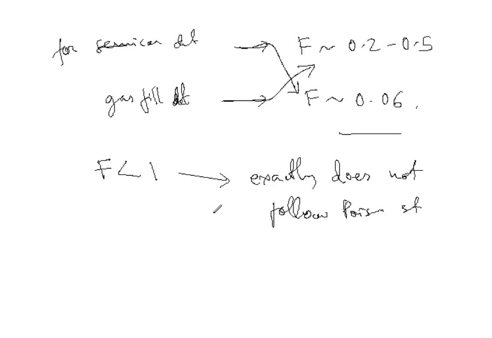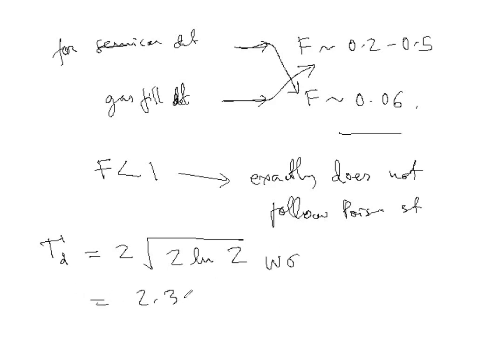Now the width of the Gaussian distribution is related to the standard deviation sigma by this relation, which is 2.355 W into sigma. This is an important result.